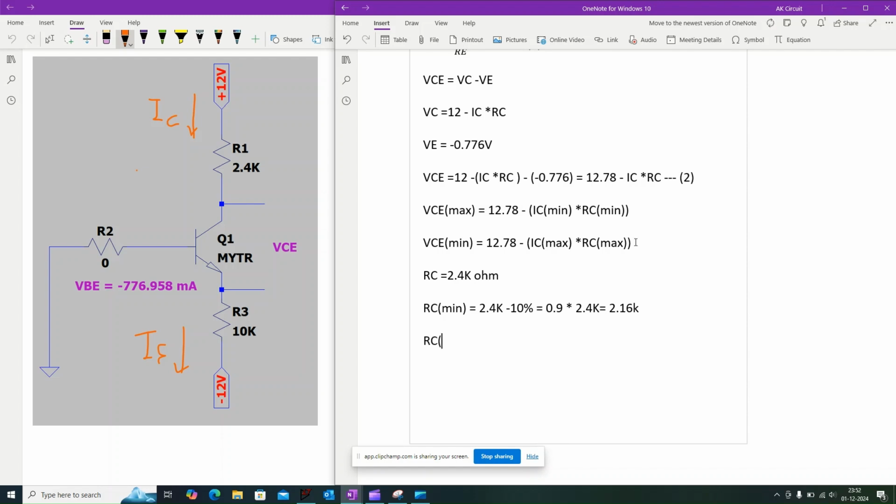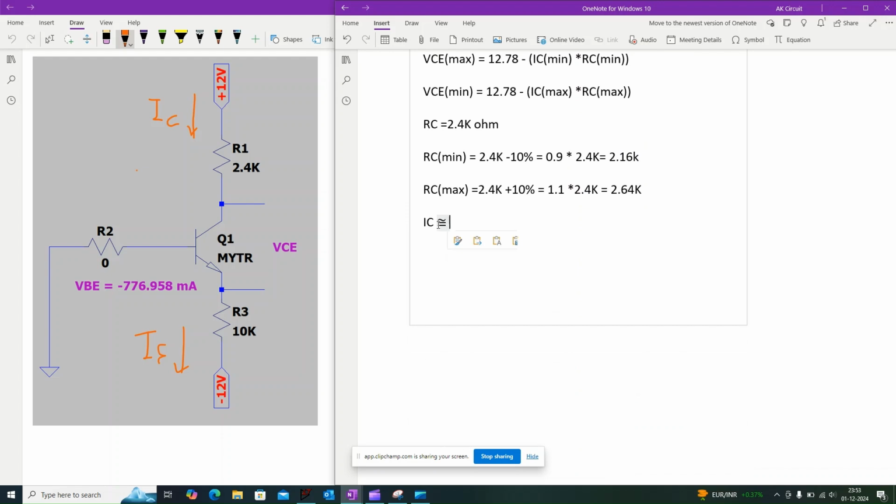Similarly, RC max is equal to 2.4k plus 10%, which is equal to 1.1 into 2.4k. So RC maximum is equal to 2.64 kilo ohm.